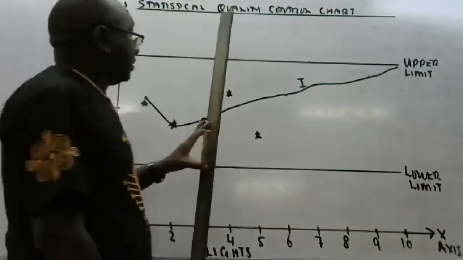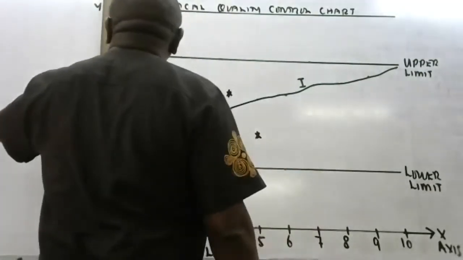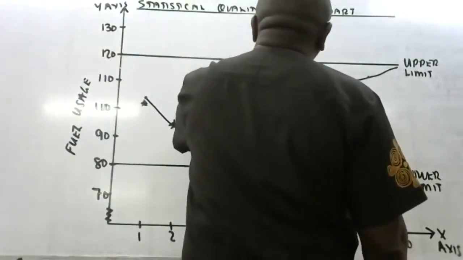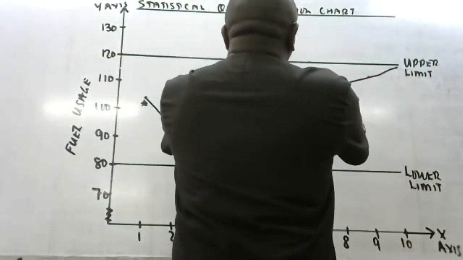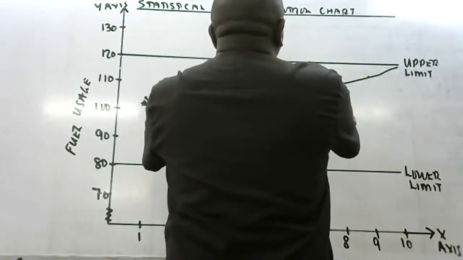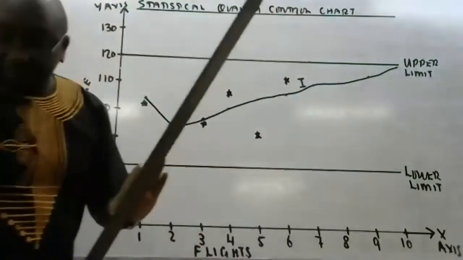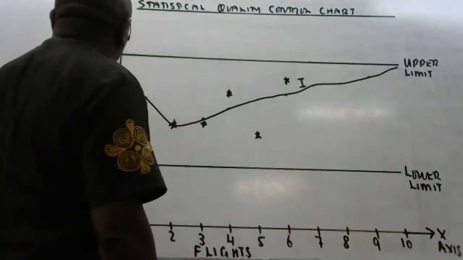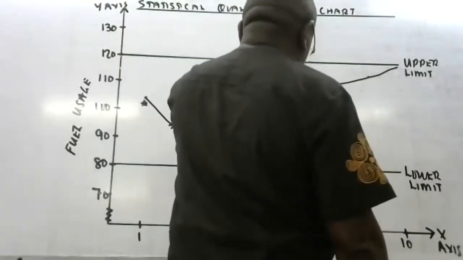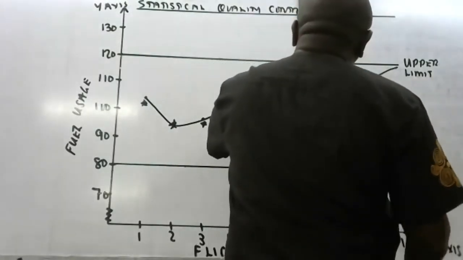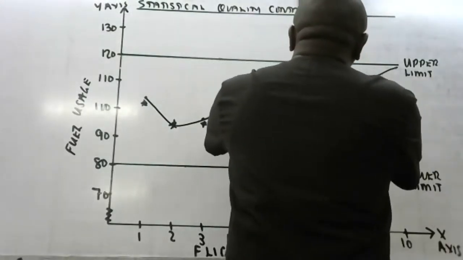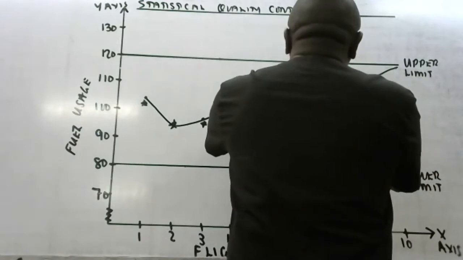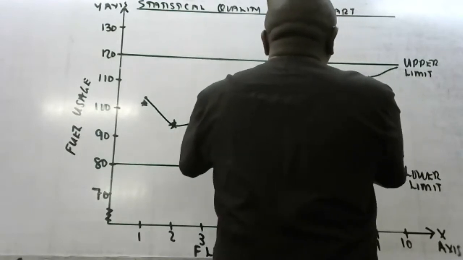Then 113. 113, then you go 40. So 13 should be somewhere here. Hiyo ingine ni 99. Mia iko kwa 50. So 99 is somewhere here.